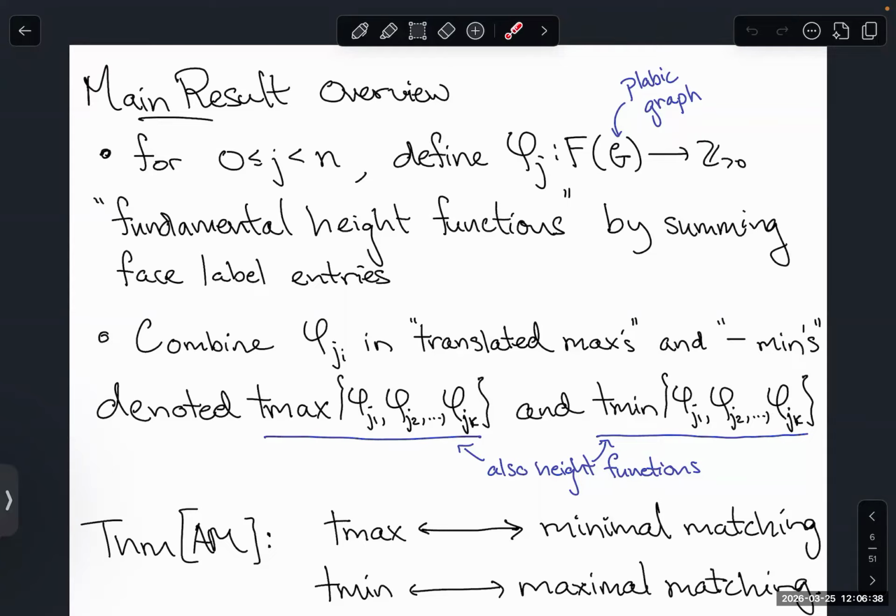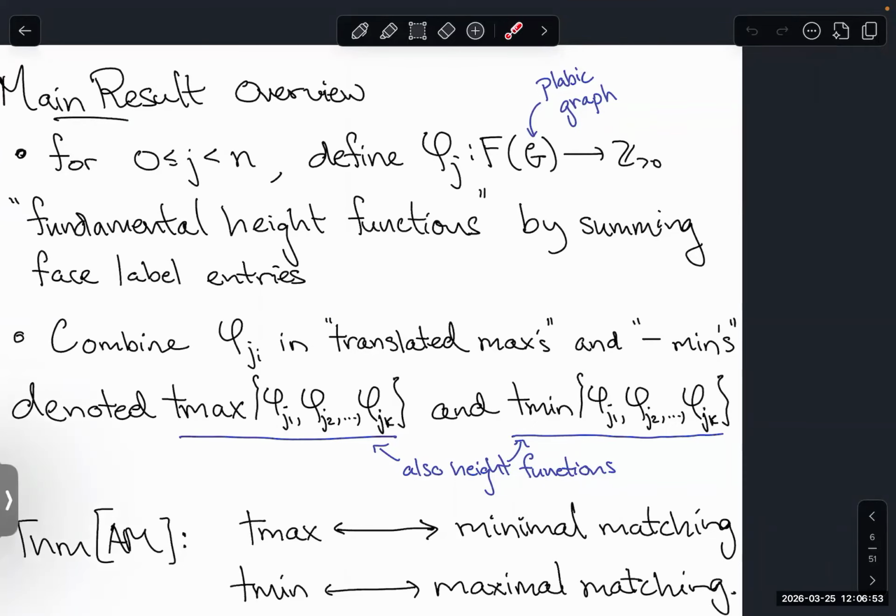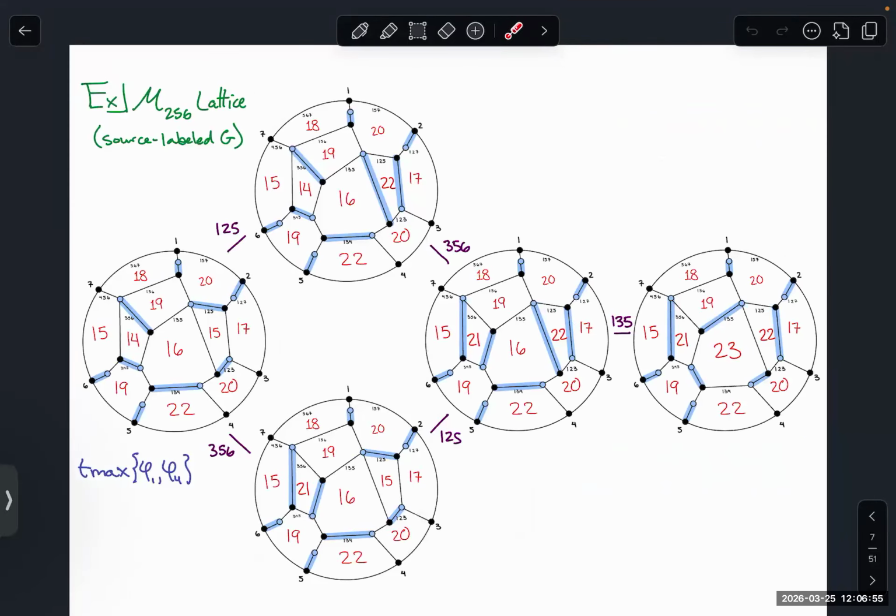And the main theorem, the main result that we have, is that when we take these translated maximums of fundamental height functions, this corresponds to our minimal matching. And when we take the translated minimum, this corresponds to our maximal matching. And just as a brief overview, we don't have to see or necessarily know even what this ordering looks like. But we get this lattice structure where left is least, left is minimal, and to the right is maximal.